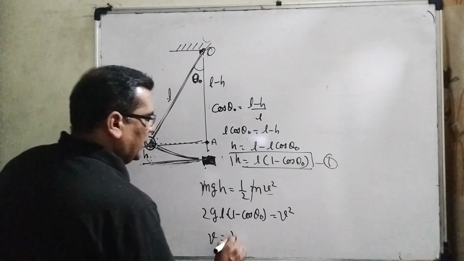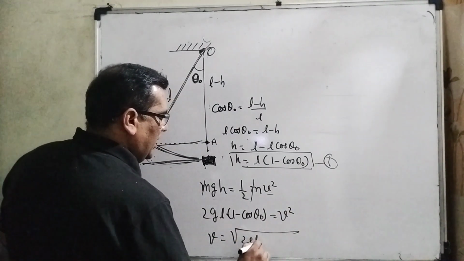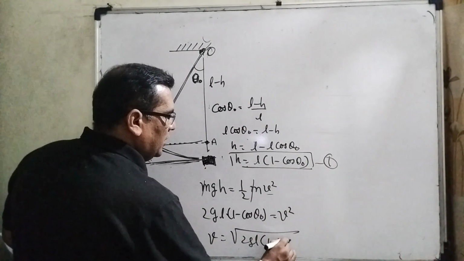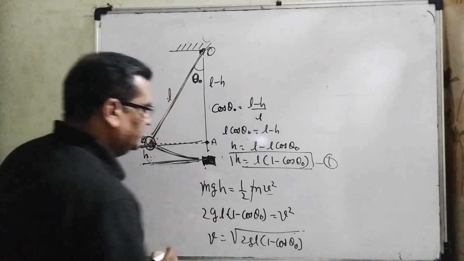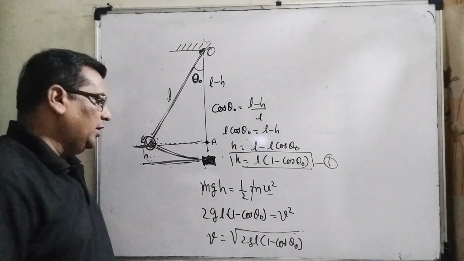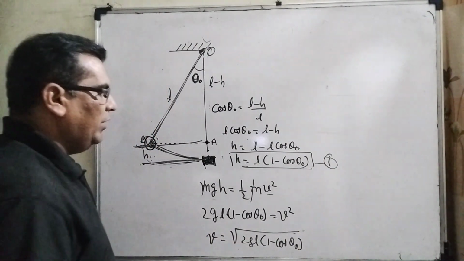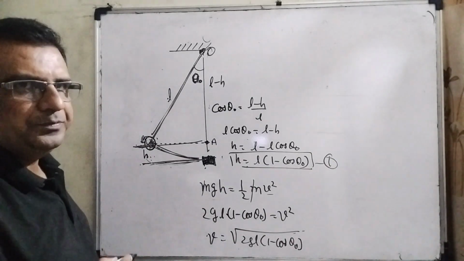Then v can be written as root 2gL into 1 minus cos theta naught. So we get the velocity v equal to root 2gL into 1 minus cos theta naught.